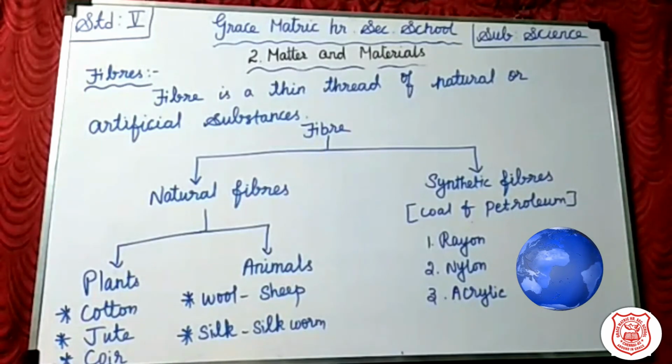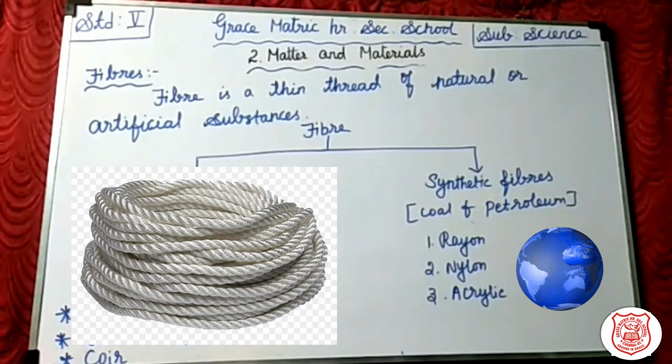Next we'll see about synthetic fibers. Synthetic fibers are also called artificial fibers or man-made fibers. Fibers which are made by humans using a large amount of chemicals are called synthetic fibers.